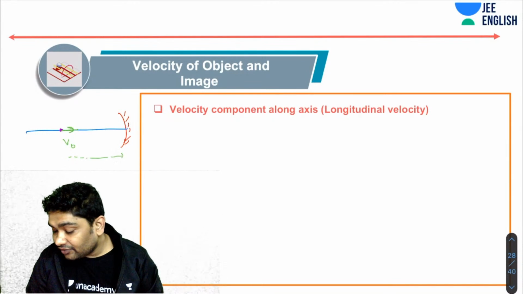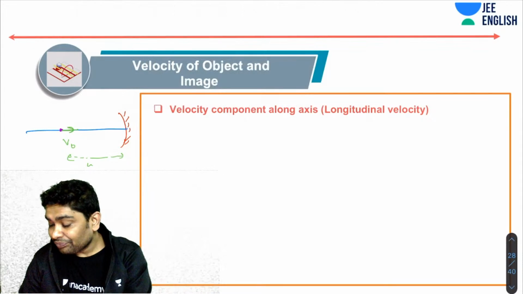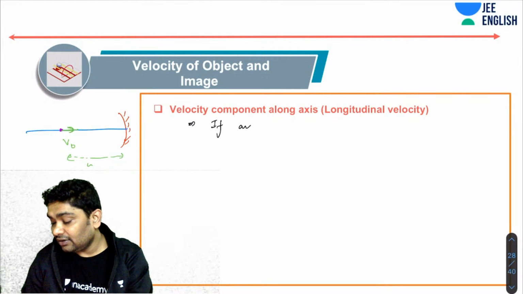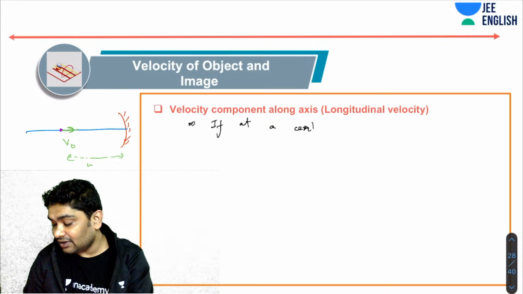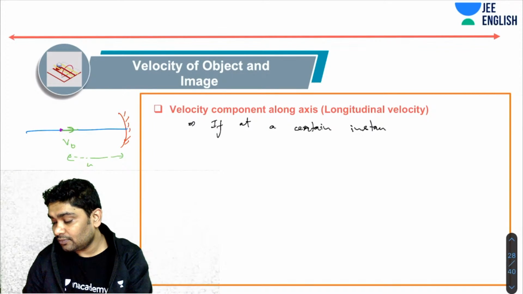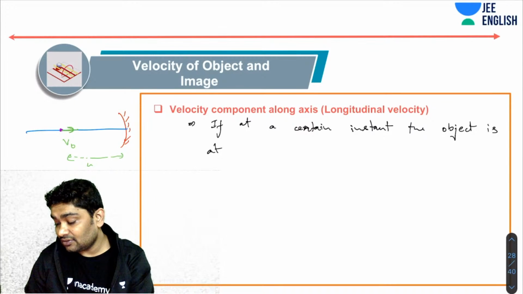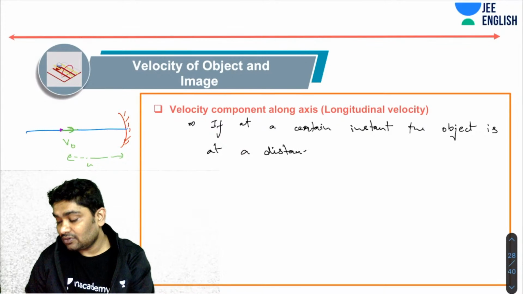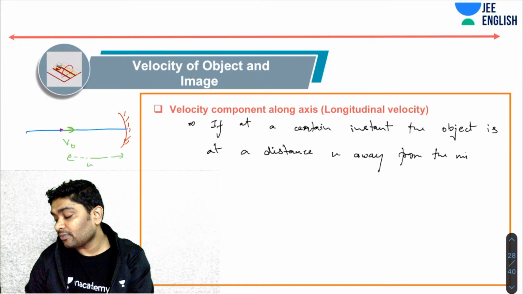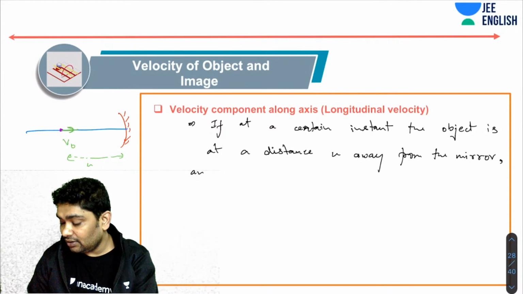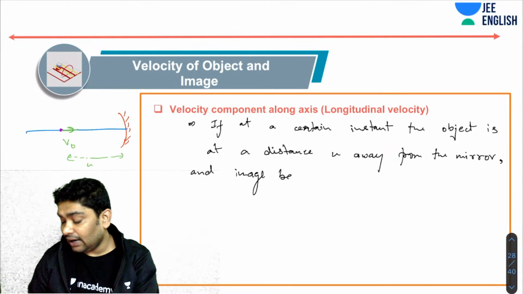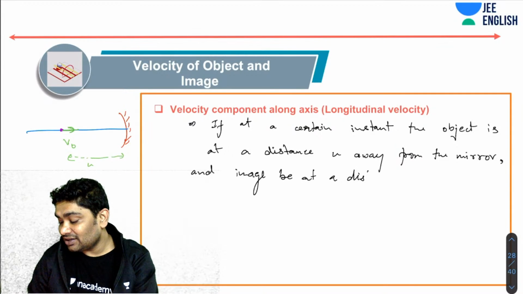At a certain instant, the object is at a distance u away from the mirror, and let the image be at a distance v.